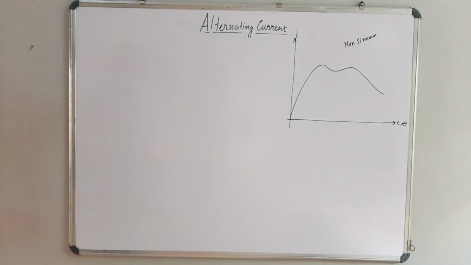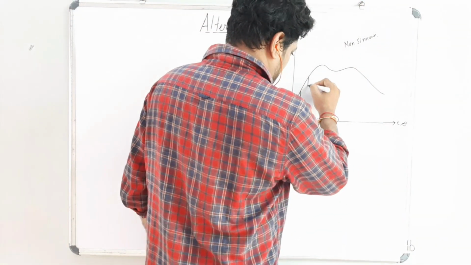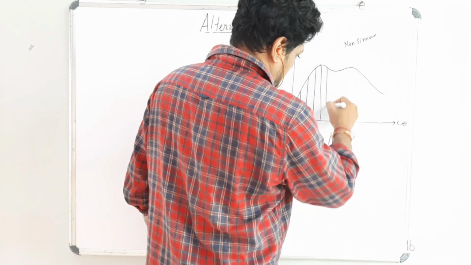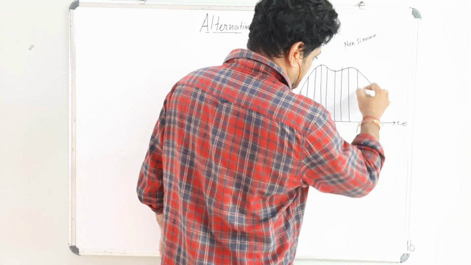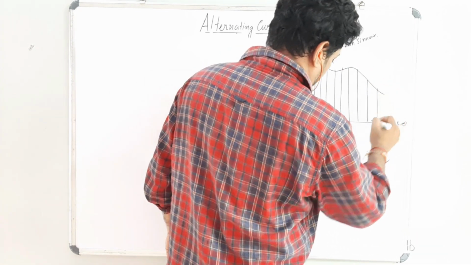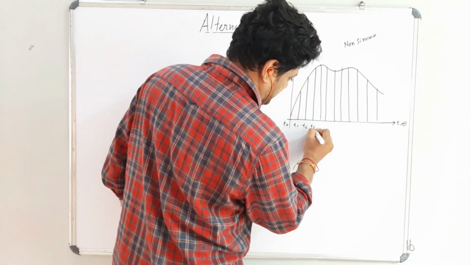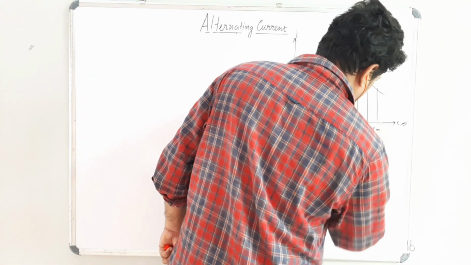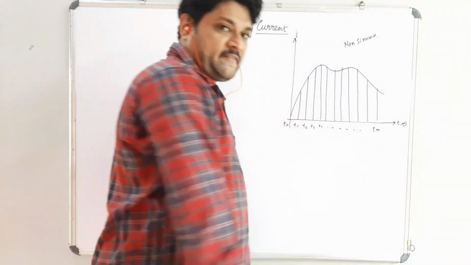Now what you have to do is split this time into some equal intervals, that is, time T is divided into M parts. If this is t0, t1, t2, t3, t4 up to tM, each part is divided into an equal interval, and M intervals are there.